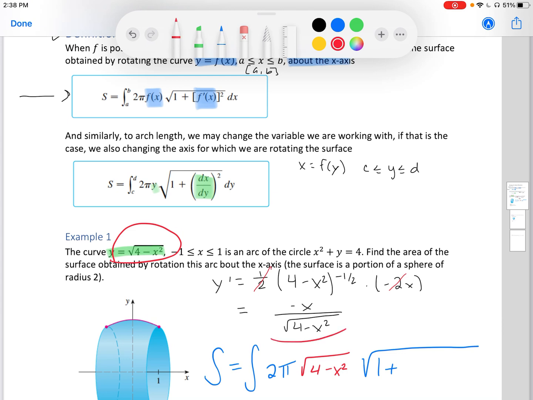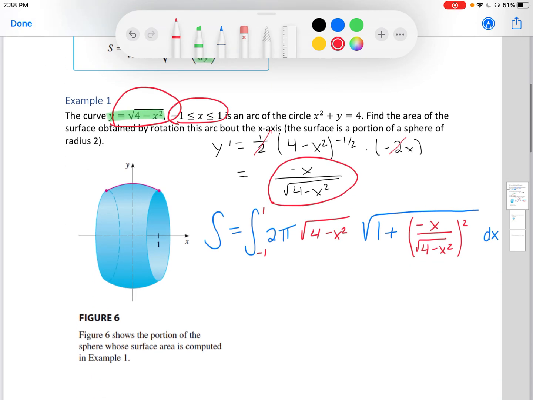So in this case, we're going to write negative x over the square root of 4 minus x squared, squared. And we're working with our x's, so we have a dx. Now our bounds. We see that we're working on a closed interval from negative 1 to 1, so it's from 1 to negative 1. All right, that's our formula.